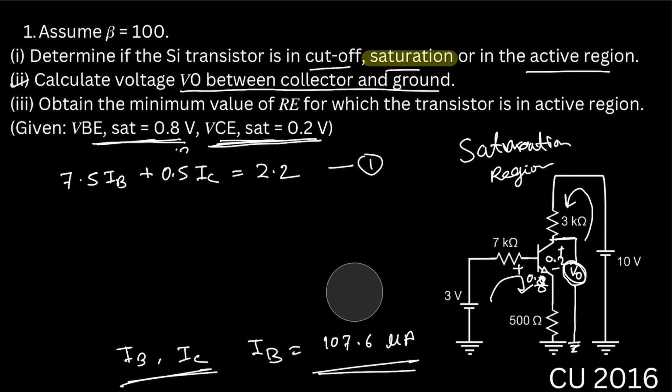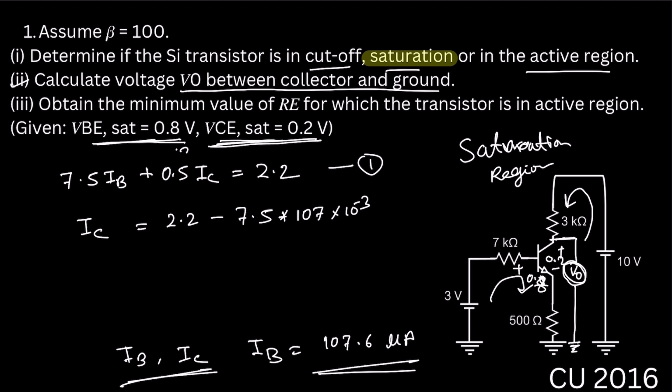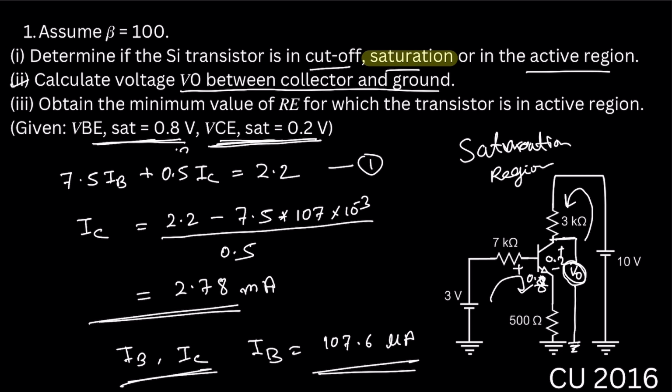Put the values in the equation, and we will get IC will be 2.2 minus 7.5 into 107 times 10 to the power minus 3, that is in the micro, divided by 0.5. This will be 2.78 milliampere. Okay, now we already got the value of IC.